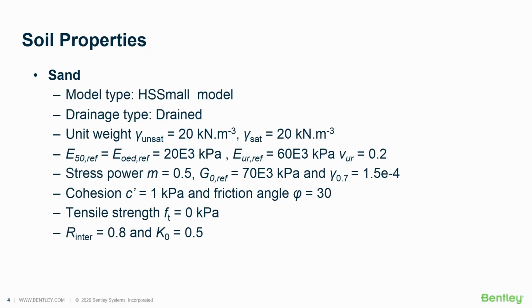We'll be using the Hardening Soil model with small-strain stiffness, using drained type, with the following parameters. This is, I would say, the most complex model you could use in Plaxis for representing sand, and this is the one we would systematically recommend if you are aiming at obtaining realistic deformation.